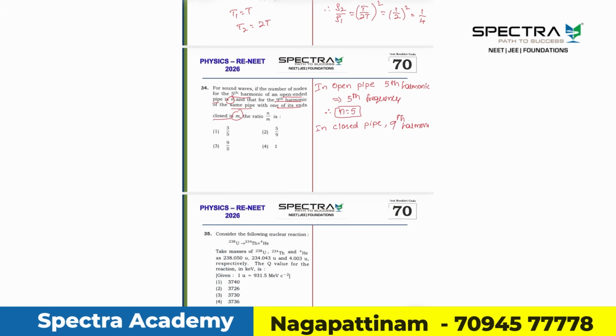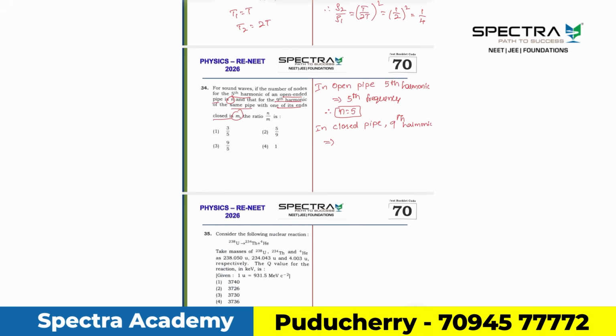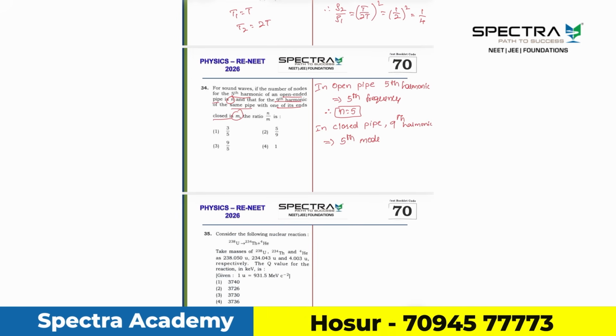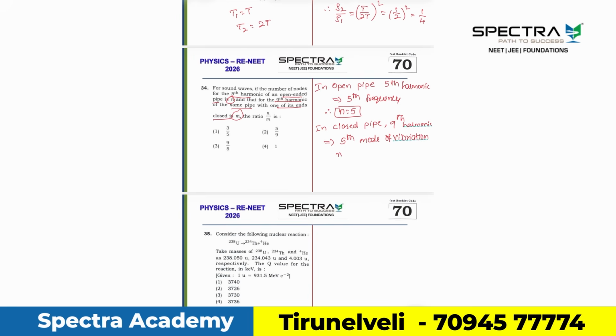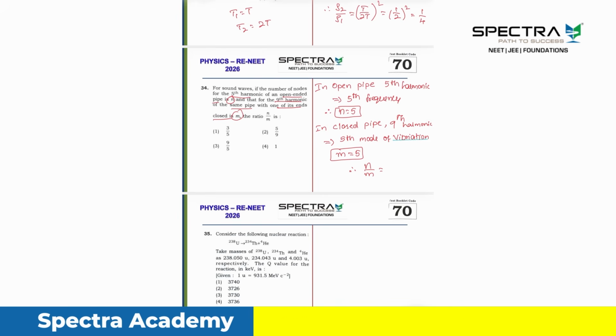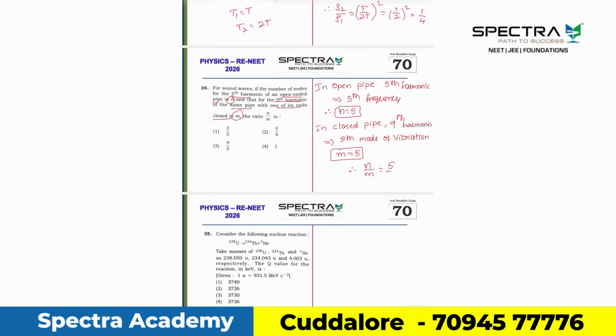The ninth harmonic corresponds to the fifth mode of vibration. So in the fifth mode of vibration, the number of nodes will be equal to 5. Therefore, when you take the ratio n by m, it is 5 by 5, which is equal to 1 by 1.